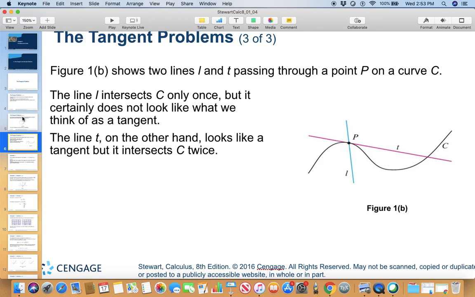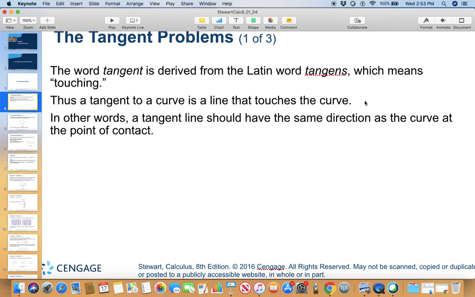So what is a tangent? Let's go to the definition. A tangent to a curve is a line that touches the curve. It doesn't go through. In other words, tangent lines should have the same direction. Now that is an intuition we want to understand: the same direction as the curve at the point of contact.